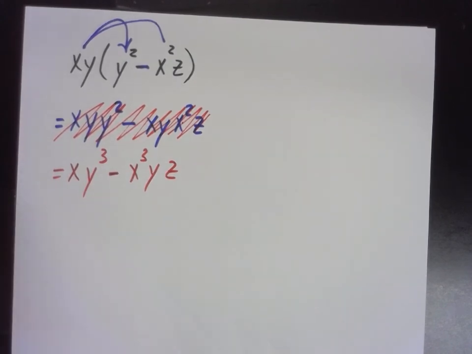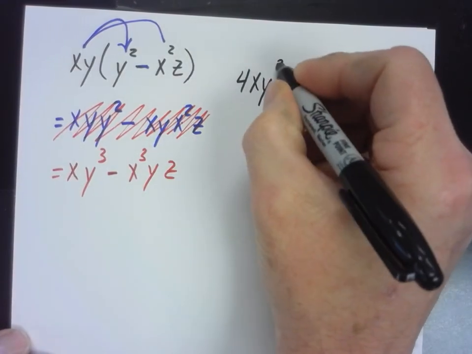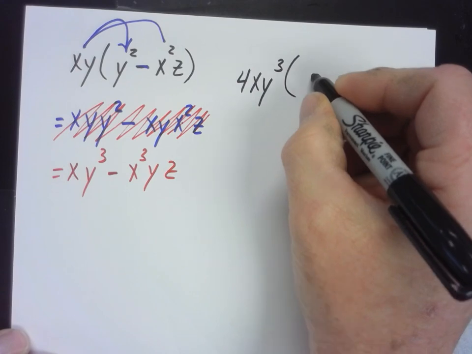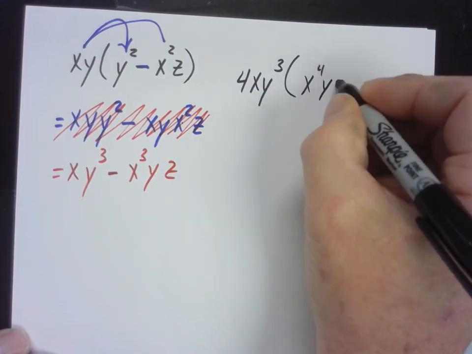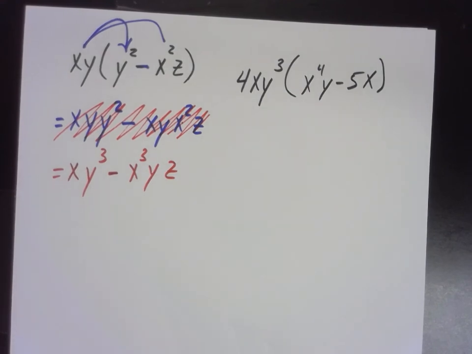So here's another example of this. 4xy cubed times the quantity x to the 4th y, subtract 5x. And when I say times the quantity, I mean the next thing I'm going to say is in parentheses, and the entire thing has to be multiplied. That's what I'm always talking about. Okay? Thomas, paying attention? So, here we go.